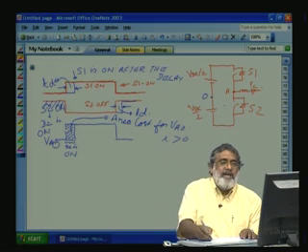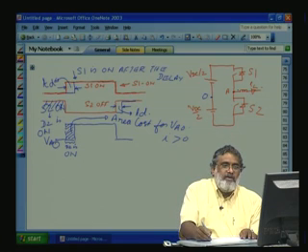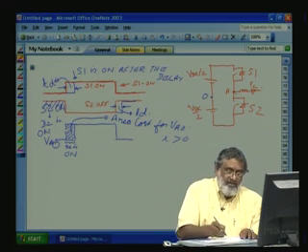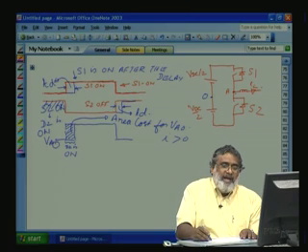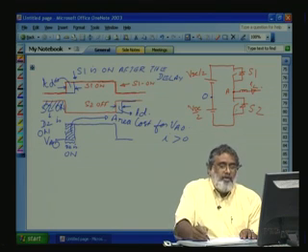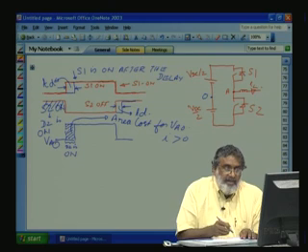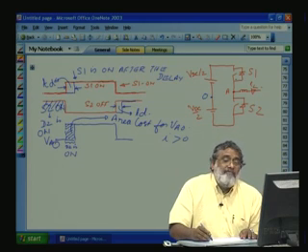Now, when I is negative, negative means this is positive, the current will be in this direction. Let us say in that case what happens? In that case, D2 will be conducting when S2 is on; the transistor will be conducting, not D2. The moment the gate pulse is removed, immediately D1 will be conducting, so that time will not have an effect.